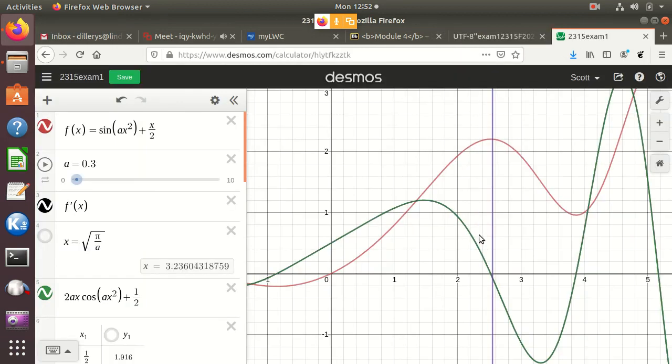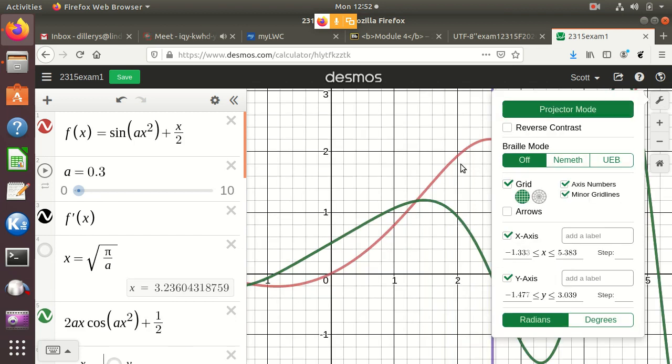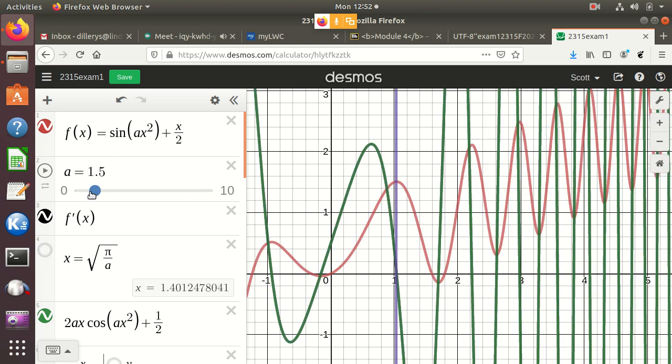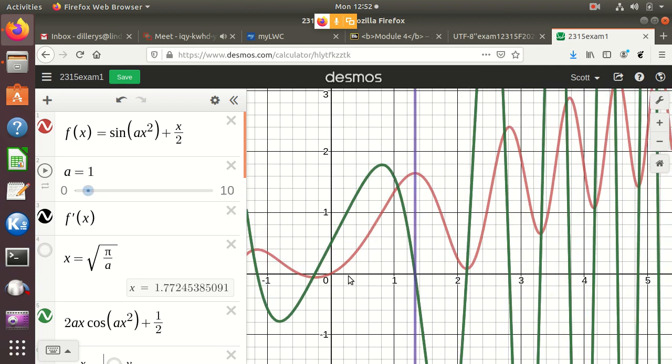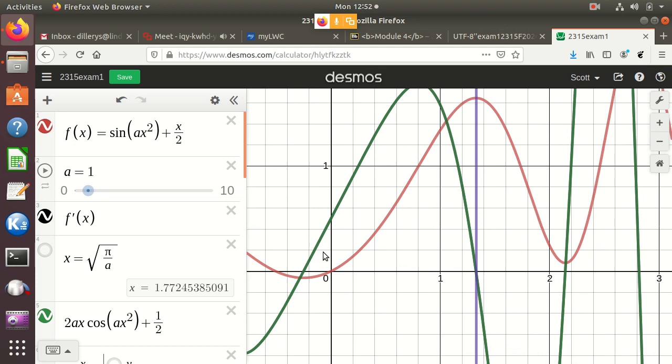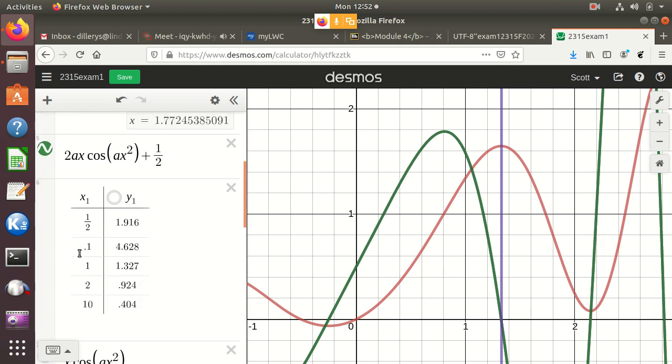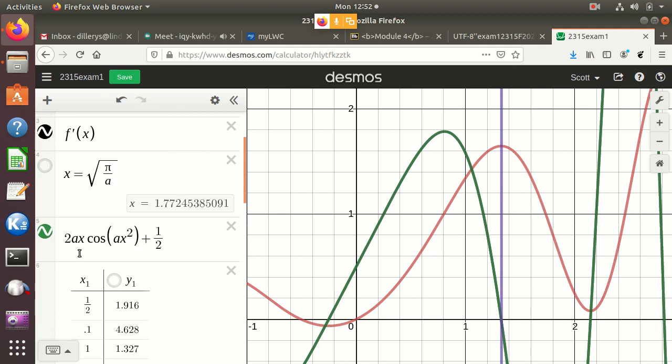I don't remember everything I have graphed here, but there's my function, and that's in red. I had to set a to something or other, and I think I probably started with it at 1. What is that blue line?